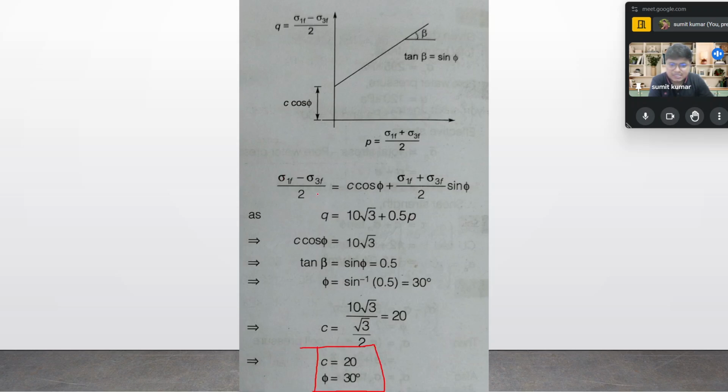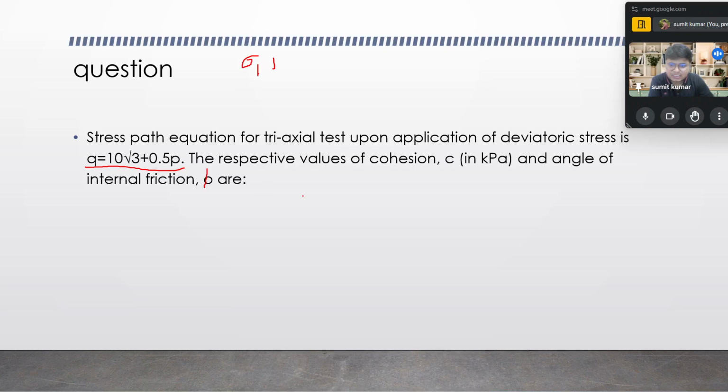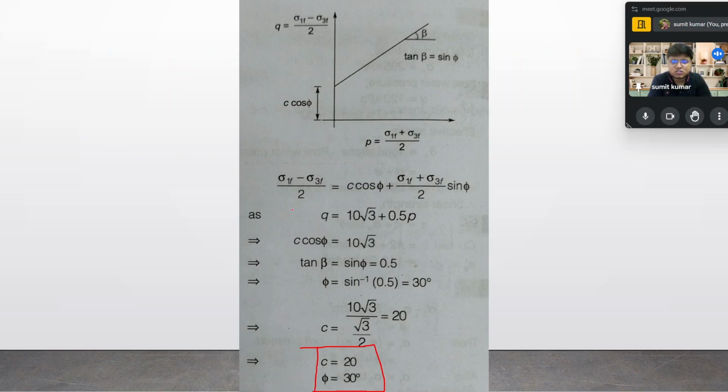Okay, if the time permits, in the last I will solve manually what I am showing on that screen. I will solve it manually for you, but if time doesn't permit, I explain from here only. You can see over here, we have plotted sigma 1 plus sigma 3 by 2, sigma 1 minus sigma 3 by 2 in that fashion and q equal to 10 root 3 plus 0.5 p.